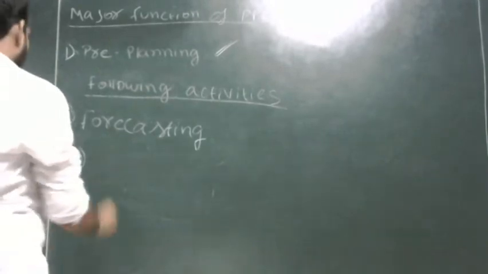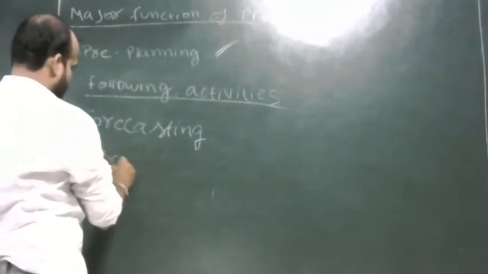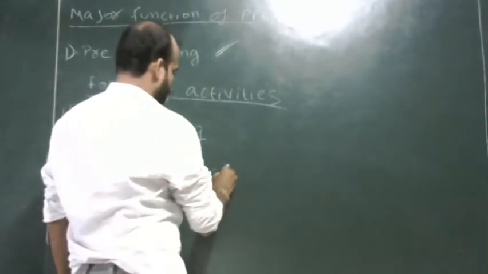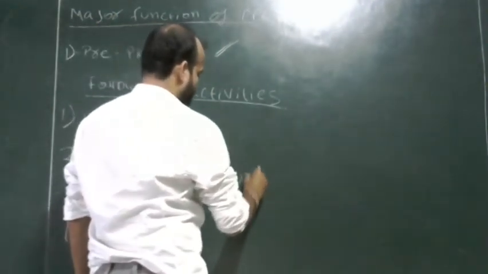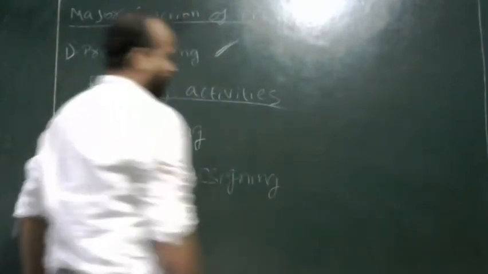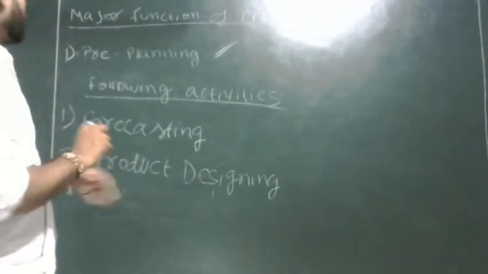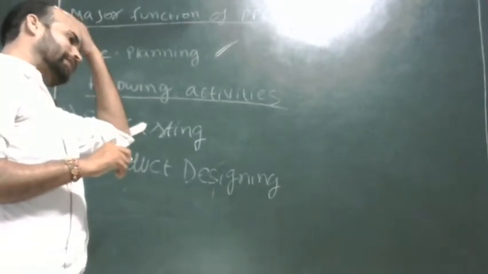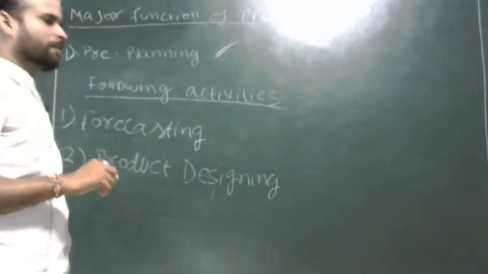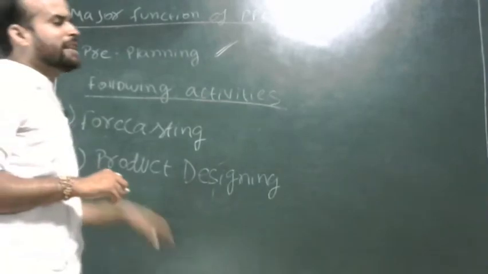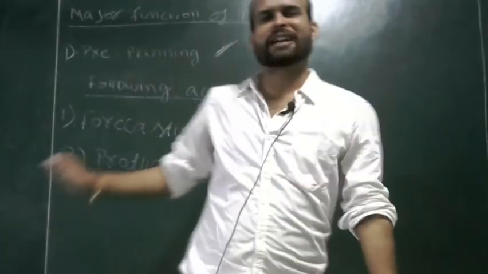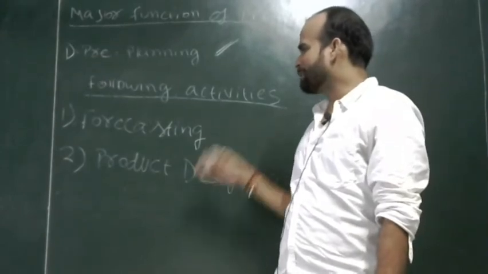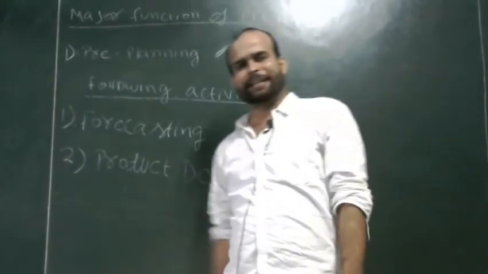Okay, second activity, product designing. Once you forecast what is going to happen in future, now you are going to design the product according to your forecasting. Okay, अपनी फोरकास्टिंग के हिसाब से हम लोग प्रोडक्ट को डिजाइन करेंगे.